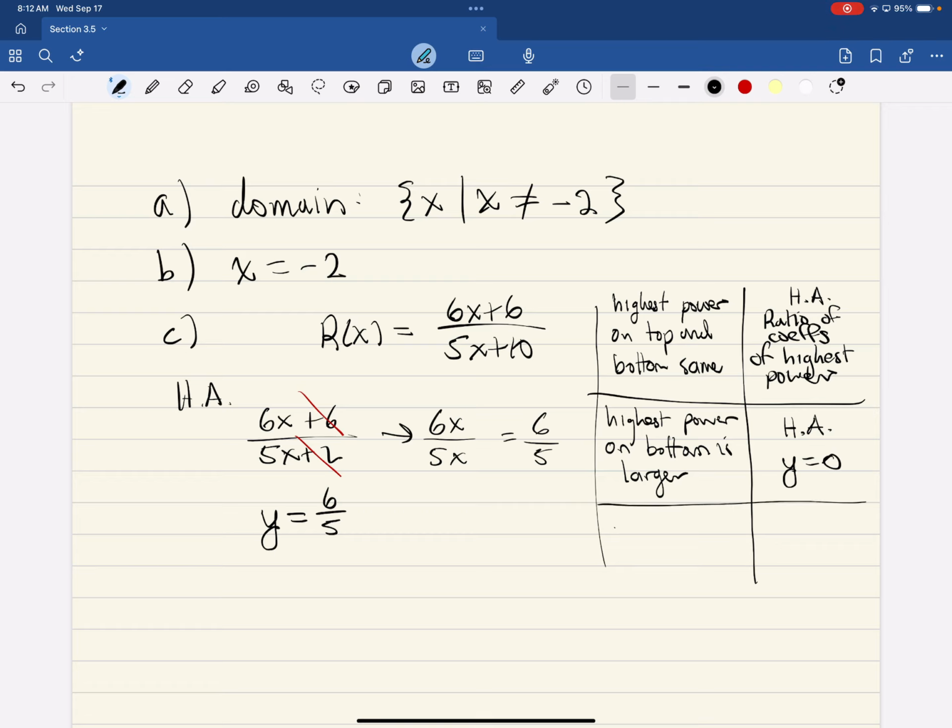And then the last case we're considering here would be that the highest power on the top is 1 more than in the denominator. And so in that case, you get an oblique asymptote, and you find it using division.